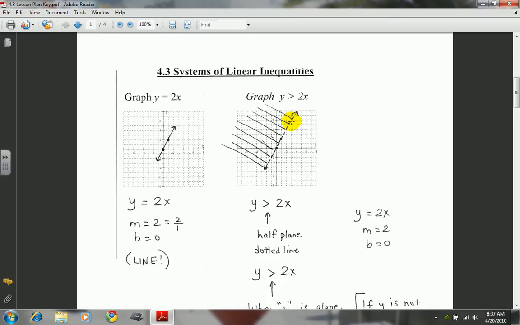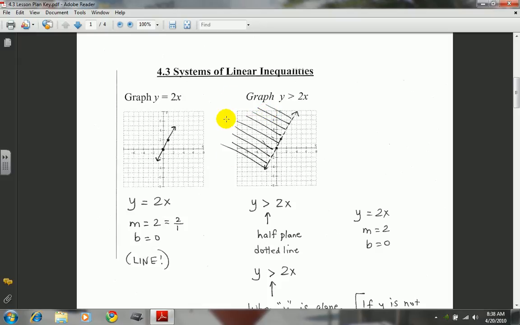So the way you indicate that to the reader of this problem is you do not make the line solid, you make the line dotted. So I'm going to dot what I call my boundary line.